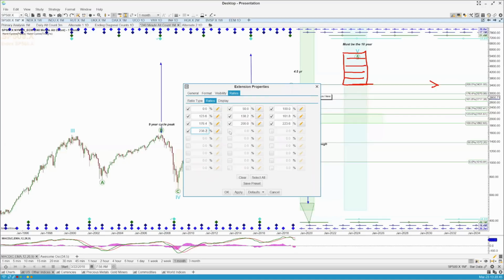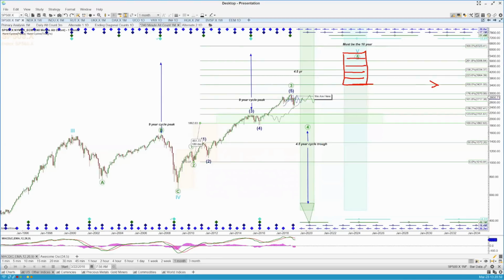And I'm just going to add one more in, etc., etc. And let's add the 300 in. So by doing that, up to the 300 level, if you draw that box and add it in, again, if we were to duplicate it, that is where it will come. And we would look at each of these levels for extensions in the wave 5 all the way up.